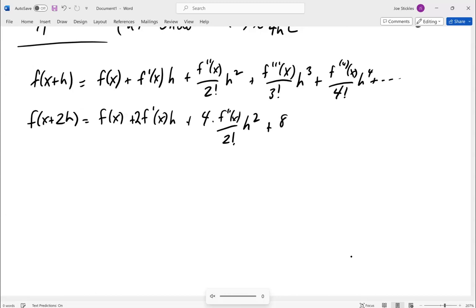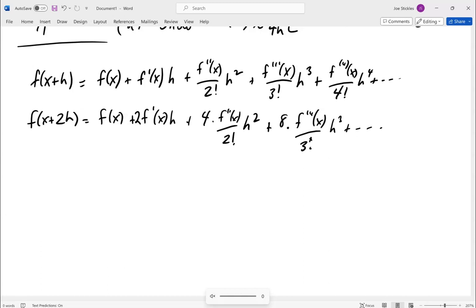We'd have an 8 in front of our f triple prime of x, and so on down the line. Since I'm plugging in x plus 2h, I've got to take the power on the 2 as well as the h, right? So in the first one, the first place we actually have an h, I'd have a 2h. Here I have to square the 2, so I get the 4. Here I have to cube the 2, so I get an 8, and so on down the line.